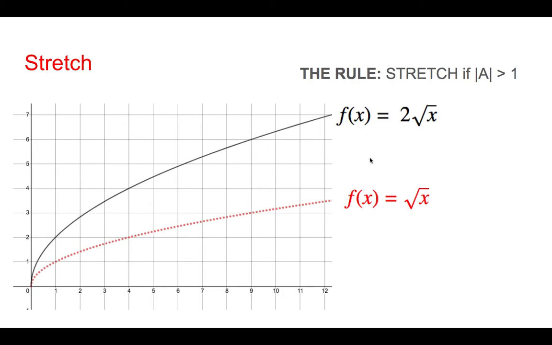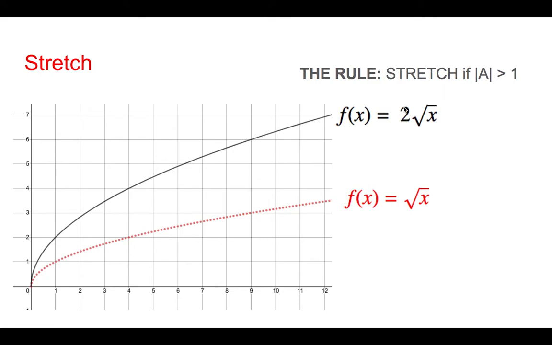Now, absolute value, this is like how many spaces away are you from 0? So we'll talk about that in a little bit, but notice here, our absolute value is 1. This one, our A value is 1 here. And then this one, our A value is 2. The absolute value of 2 is 2. It's 2 spaces away from 0. So the absolute value of 2 is 2. 2 is greater than 1.